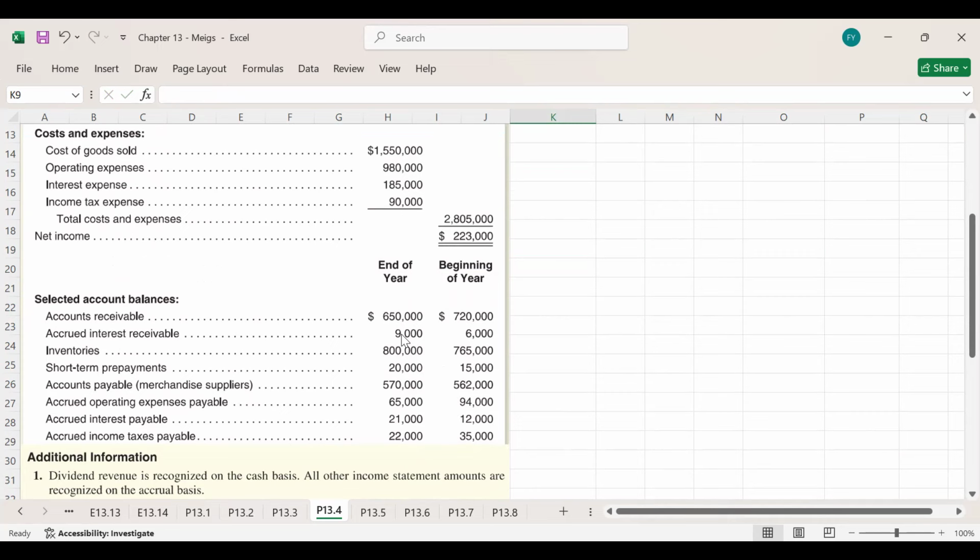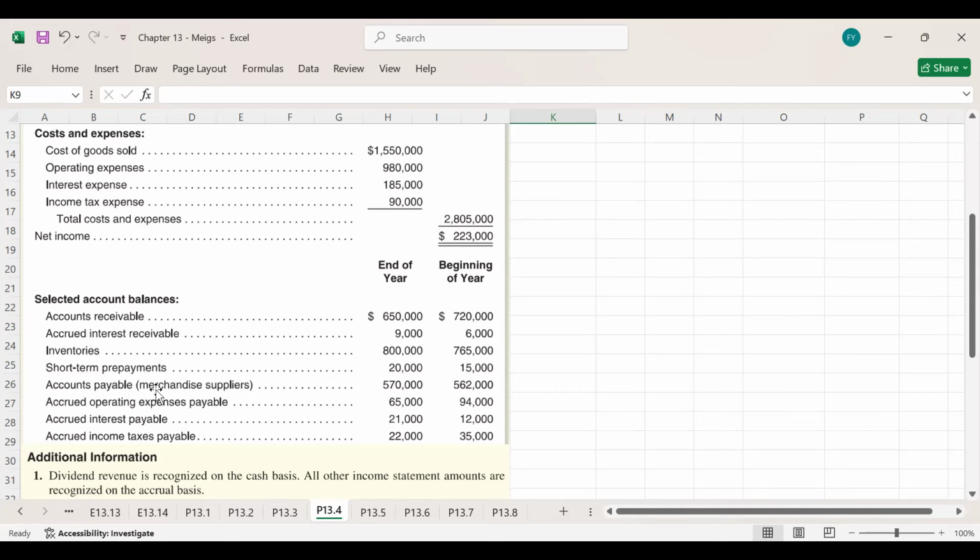So a portion of interest income has not been collected, which is 3,000. So this means that this 3,000 has not been collected.